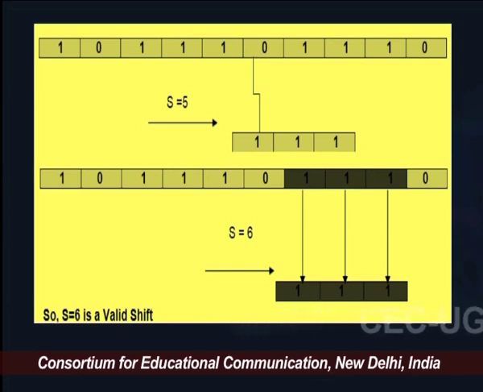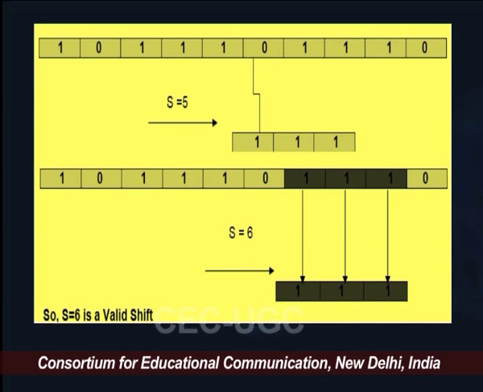So, we can say S equals 6 is a valid shift, because in case of S equals 5, the first character was not matching. Then we moved it further, and this shift gives us the whole match of all 3 characters of the pattern. So, S equals 6 is also a valid shift.